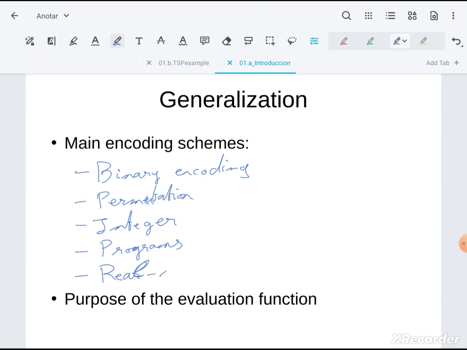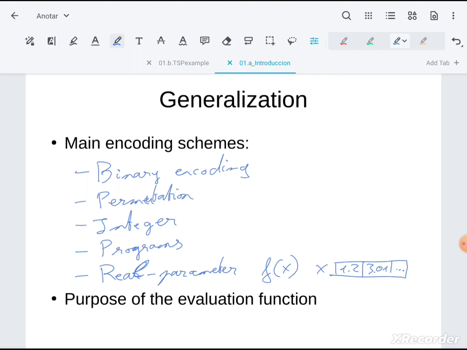Real parameter. In this case, you are provided with a function. This x would look like something like this. 1.2, 3.01, and so on. So real parameter variables.